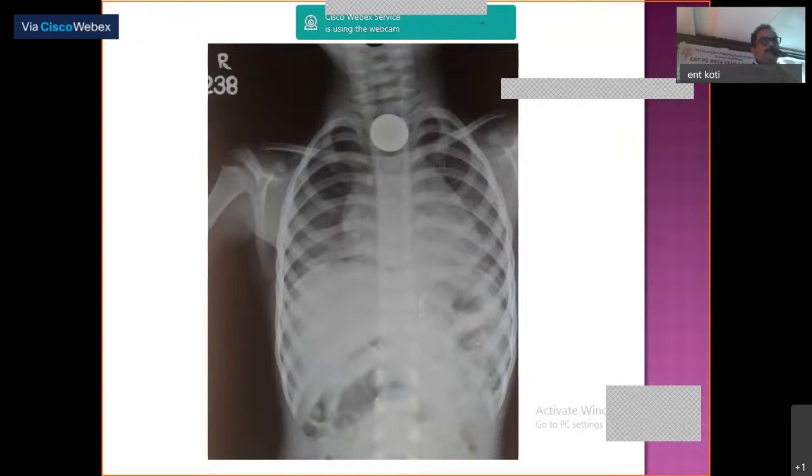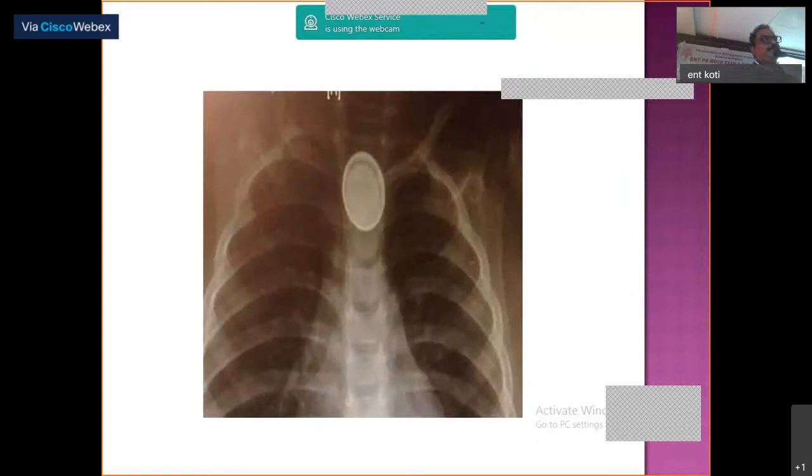We have removed a lot of foreign bodies like this. So how do you differentiate a battery from a coin? This is a very, very important sign, the halo sign. You see it very clearly around the circular radiopaque foreign body. It is an emergency because it is going to perforate. It is going to destroy very fast. So it's an emergency.